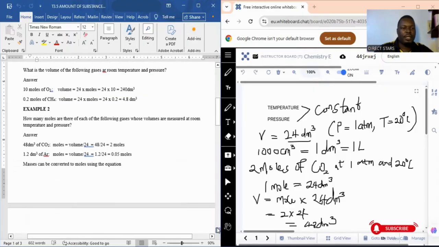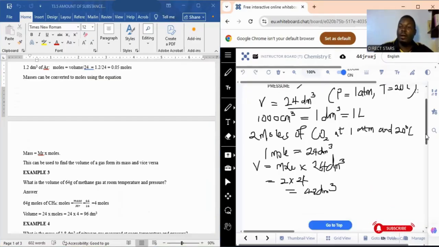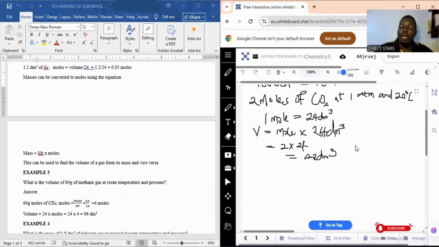As we can see, we have a relationship that has been established between mole and mass, because sometimes you may not know the mole of a particular gas in a practical sense, but you can easily tell the mass of that gas.